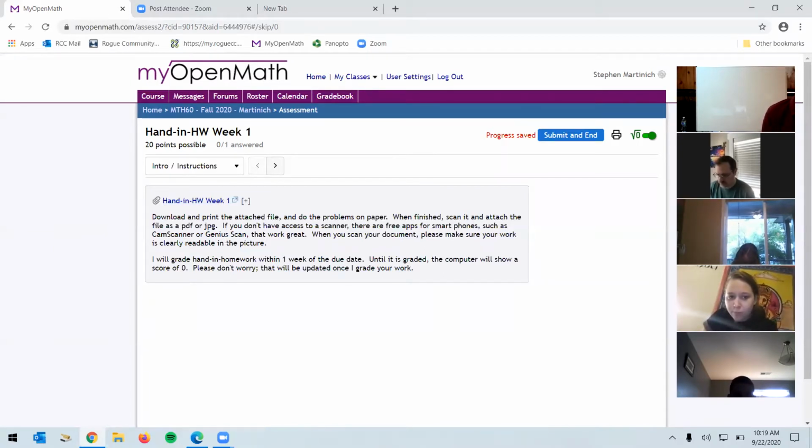Those are apps you can put on your phone, and it allows your phone to use its camera and make a PDF quality picture. And then hopefully you're familiar with being able to download pictures from your phone to your computer, or uploading directly from your phone. Again, if you're just trying to do this class on your phone, I think it will get cumbersome or difficult at times.